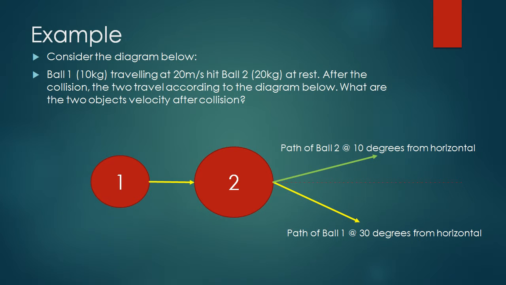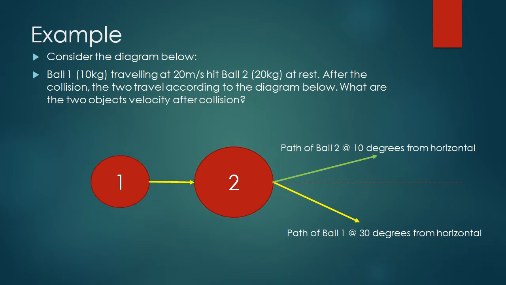In this example, consider the drawing right here. Ball 1, which is 10 kilograms, is traveling at 20 meters per second and hits ball 2, of mass 20 kilograms, at rest.